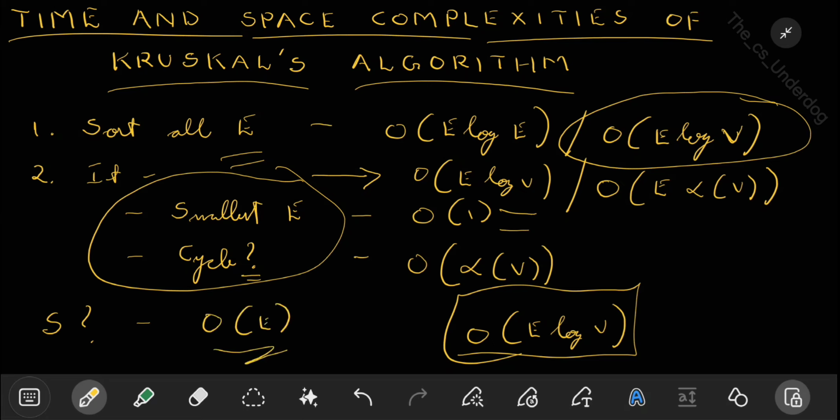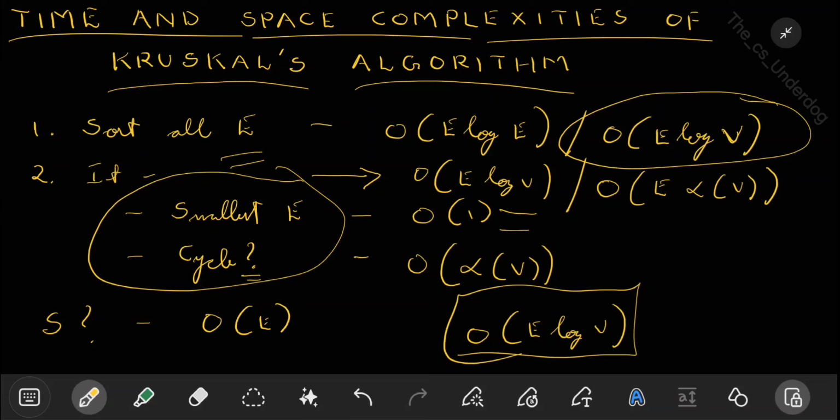See, I'm not talking about the input edges here. I'm mentioning the storage used for storing the sorted edges. So this is not the input space. This is additional space that is used by the algorithm. So the algorithm will take order of E additional space in order to store the sorted edges.